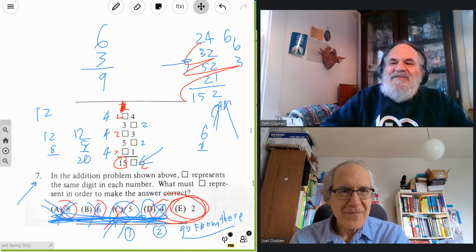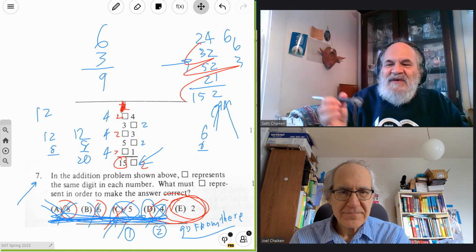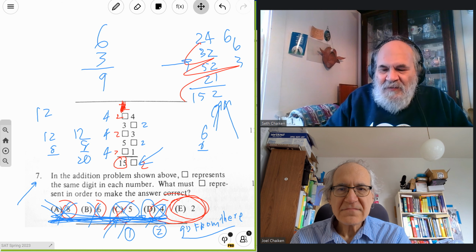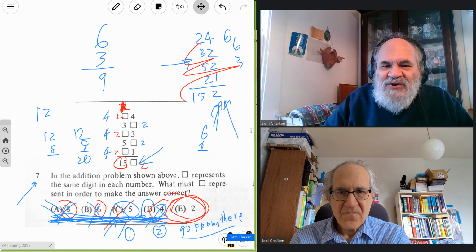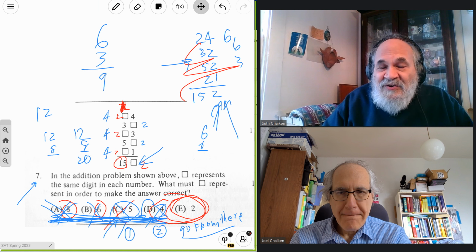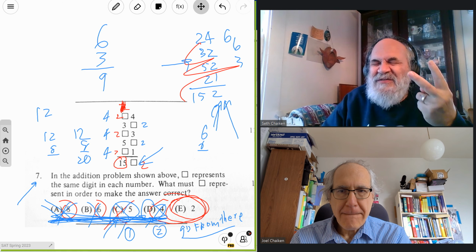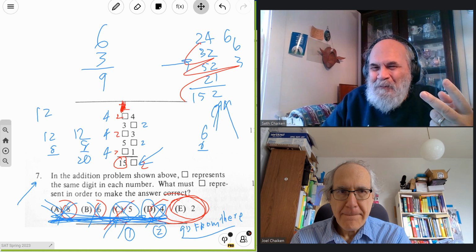You could also, after calculating that when this box is 2, the last digit is 2, then switching to 4, that increases the sum by 2 2s. It increases the sum by 4.